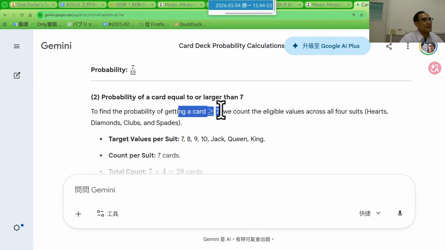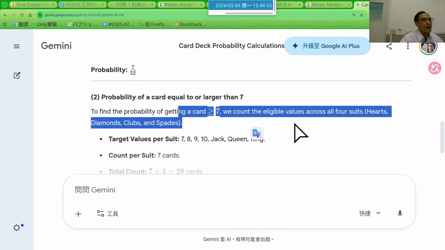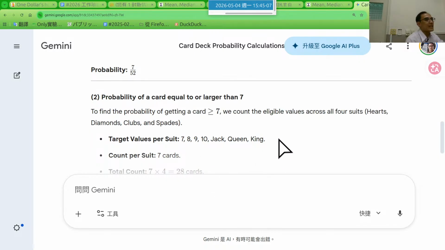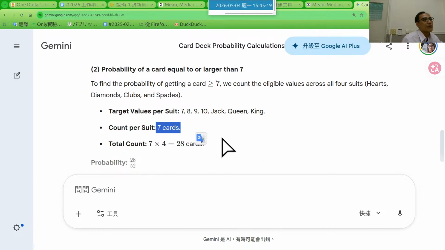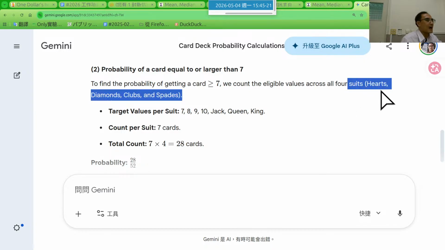Equal to or greater than 7, we count the eligible values across all 4 suits. Heart, diamond, club, and spades. Thus, 7, 8, 9, 10, jack, queen, and king. 7 numbers over here. There are 7 cards in each of the 4 suits: hearts, diamond, clubs, and spades.